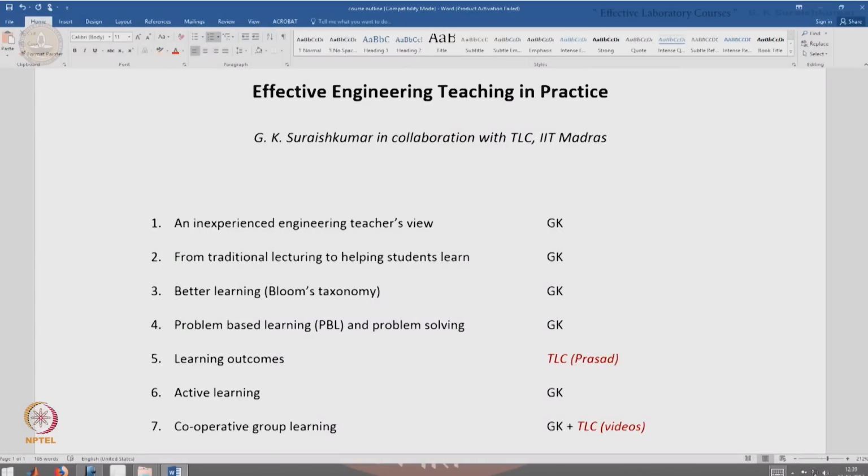We initially looked at an inexperienced engineering teacher's view, how the teacher would view it typically, and so forth. Of course, this does not apply to you if you are skilled, you have a natural flair for teaching. But typically, what an inexperienced engineering teacher goes through was what was covered in that particular lecture.